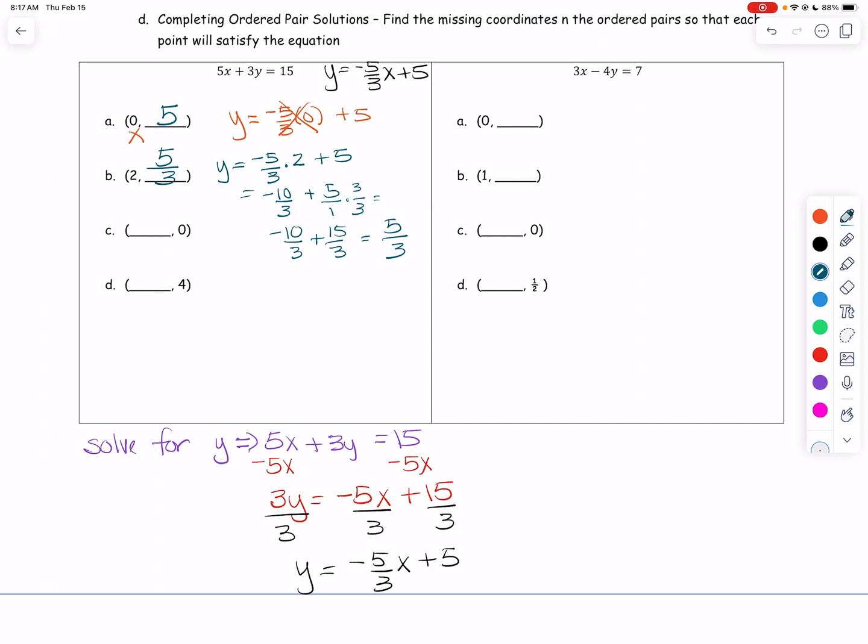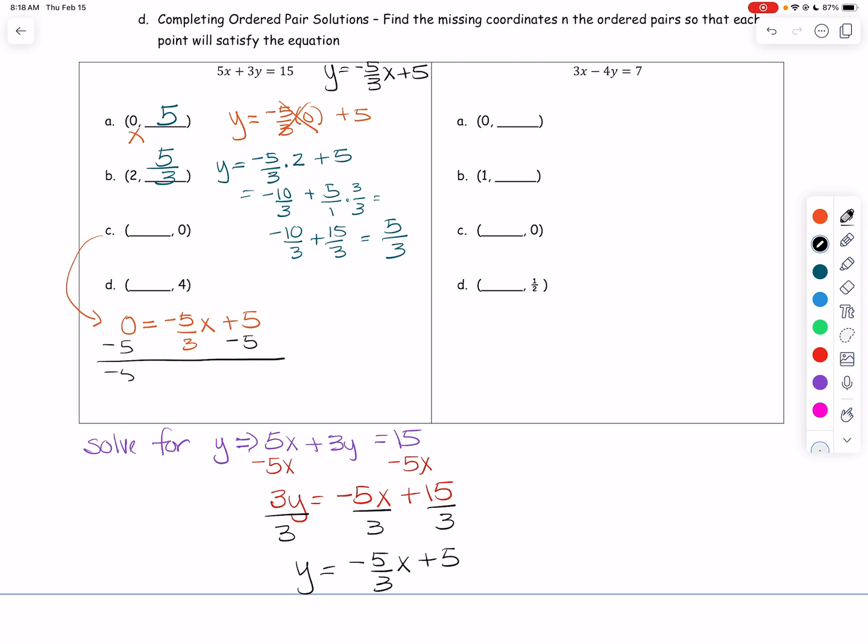Okay. All right, so now we're going to be finding x. And so when we're given this equation, I'm going to come down here. Okay, I'm looking for x, but I'm given y. So now I've got 0 for y, negative 5/3 times x plus 5. And when I solve it, I'm going to subtract 5.